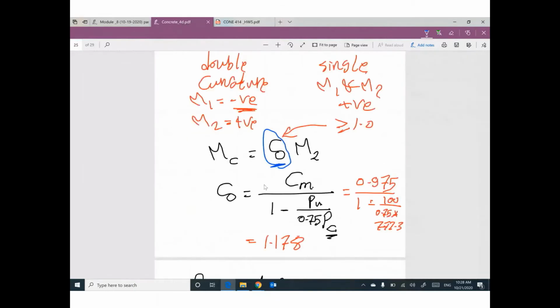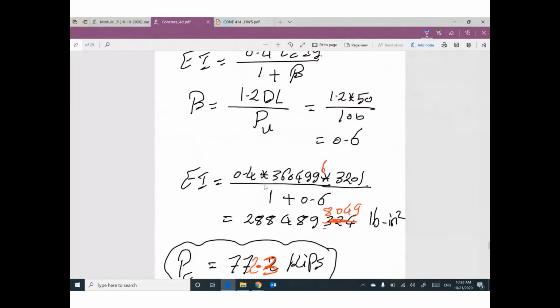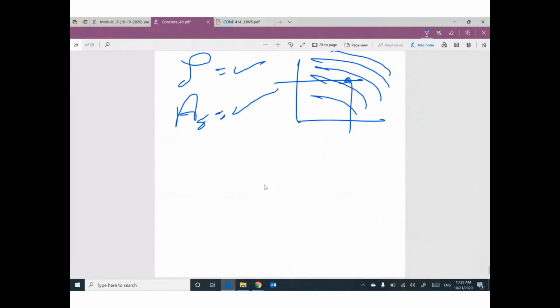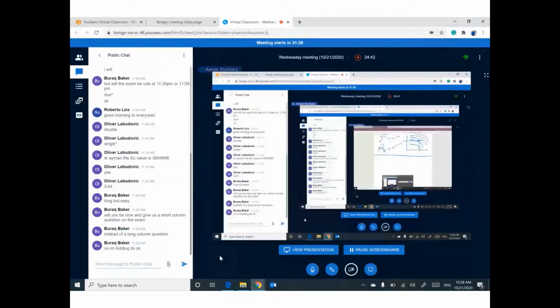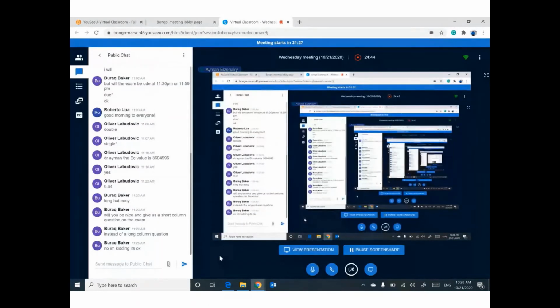So this is the design of a column. How to design columns. Any question related to design of columns? I have a question.